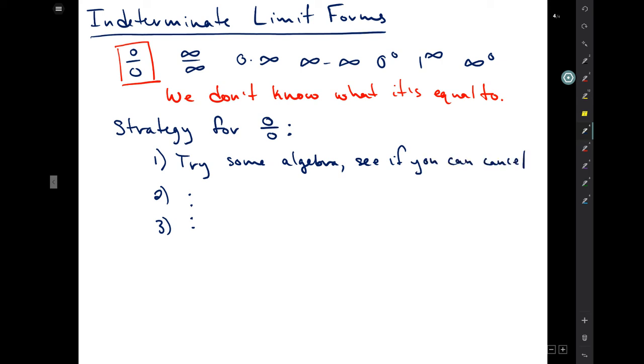Once you cancel, if things are now continuous, then you can just evaluate your limit. All right, so that is the cancellation theorem for limits and your very first indeterminate limit form.